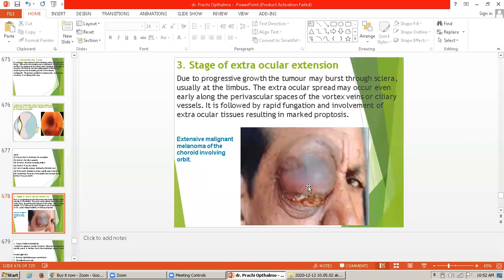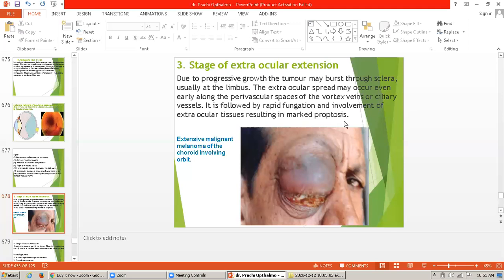Due to the progressive growth of the tumor, it may burst through the sclera, usually at the limbus, and extraocular spread may occur even early along the perivascular spaces of the vortex vein or ciliary vessel, and it is followed by a rapid fungation and involvement of extraocular tissues resulting in marked proptosis.